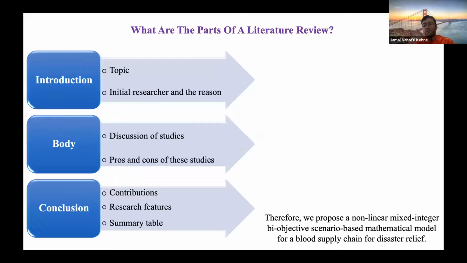For example, I mentioned here, we propose a specific model and mentioned the feature of that model specifically, which shows my research features in a sentence. And finally, we can use a summary table, which I will present to you in another slide, which is a very good tool for providing your literature review in a table.